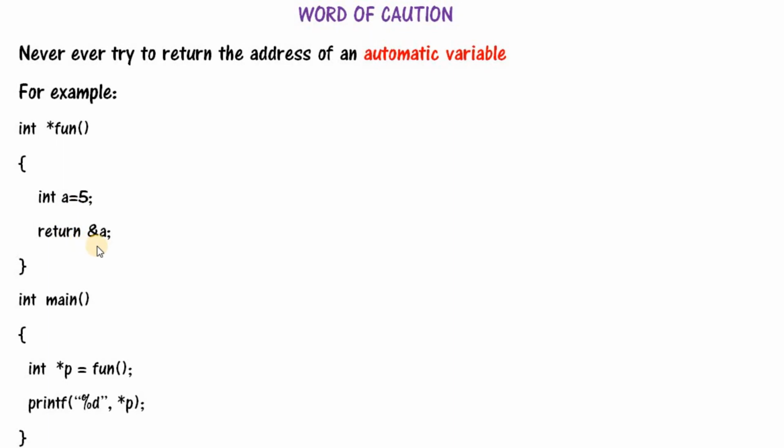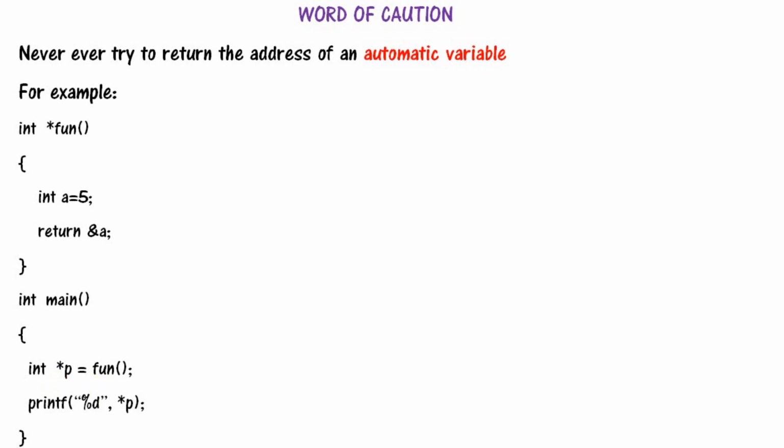Please note down that after returning the address of this variable, this function gets destroyed, and the variables which are local to this function also get destroyed. Therefore, we are trying to return the address of a variable which is already destroyed. So here the pointer is trying to point to the address of a variable which is already destroyed.